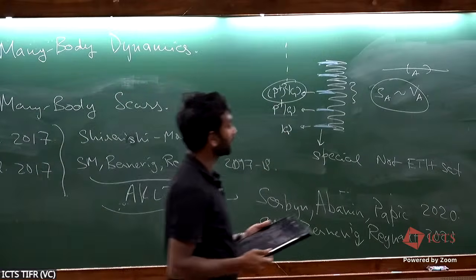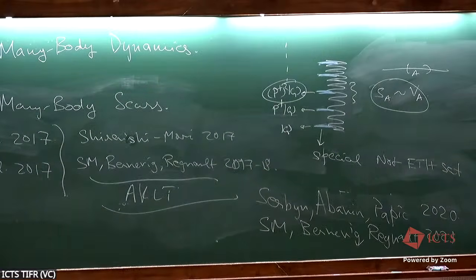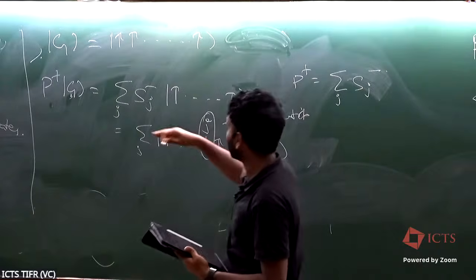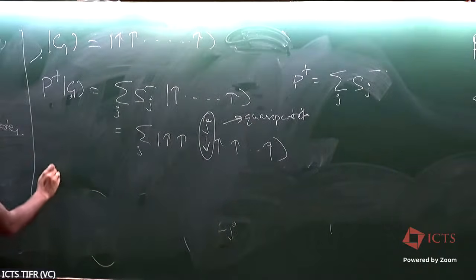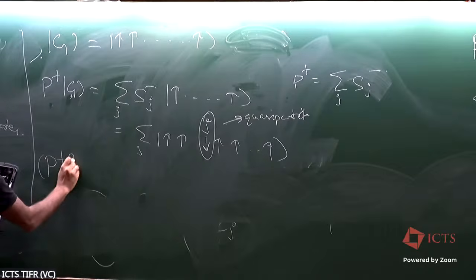Right. But now I'm just giving you a simple toy model, probably the simplest model that exhibits this kind of behavior. So this is one quasi-particle, which is on top of this ground state. And then you can construct the entire tower of quasi-particles.